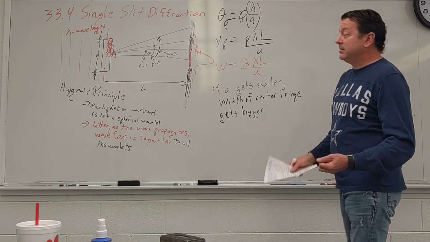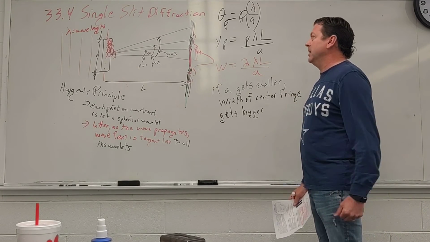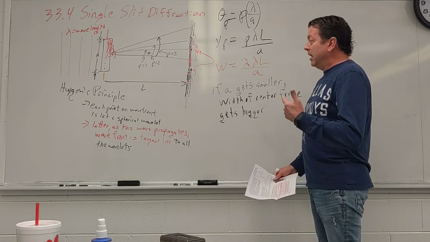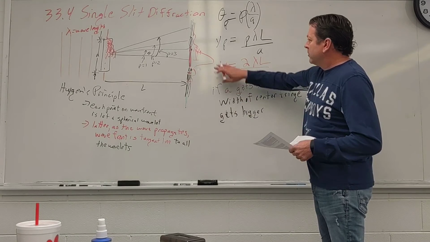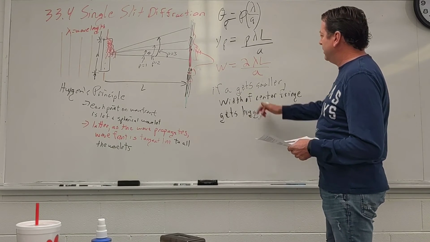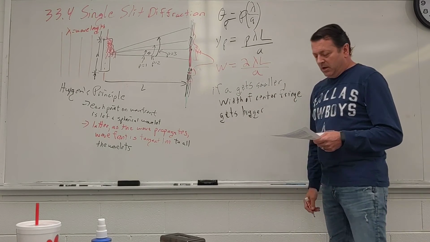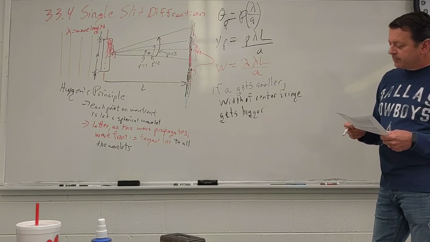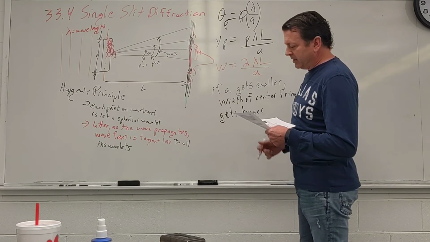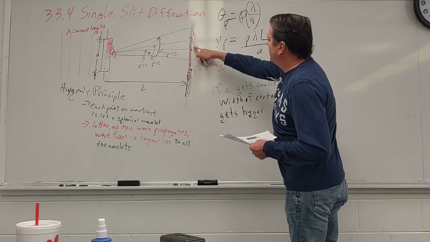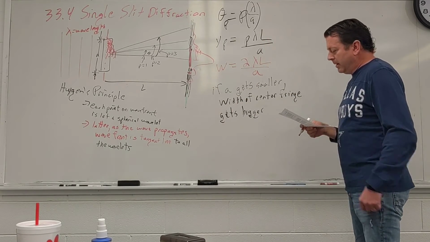This is a function you'll see a lot. Of course, they call this the central maxima. I call it the center fringe. This would be P1 and P2 there.